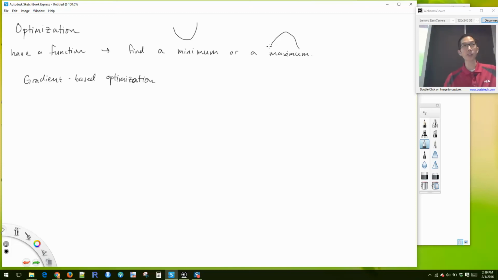You've got all sorts of applications, just tons of applications. Maximum likelihood estimation is all about optimization.